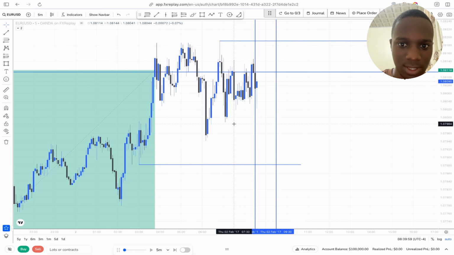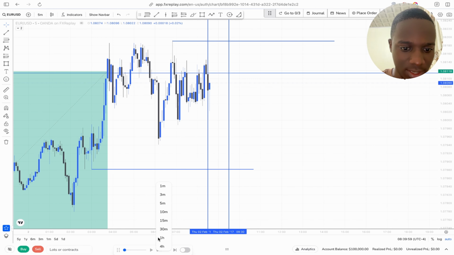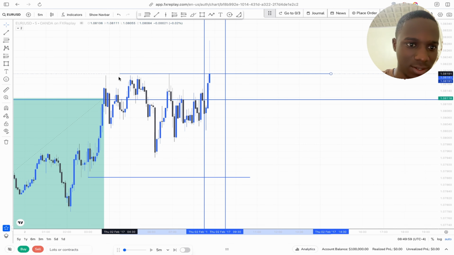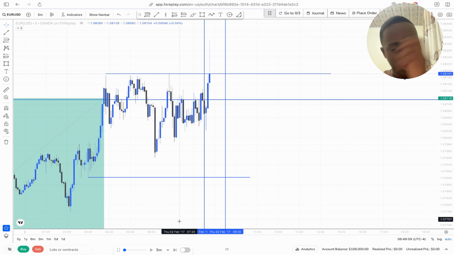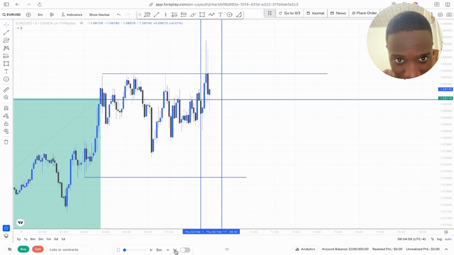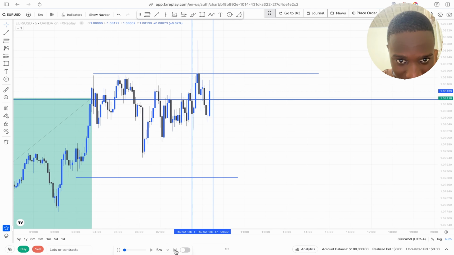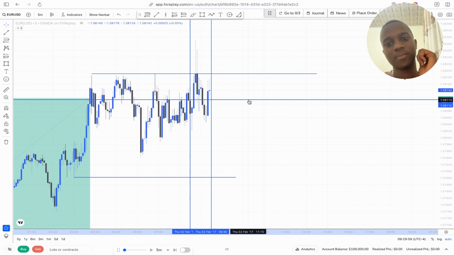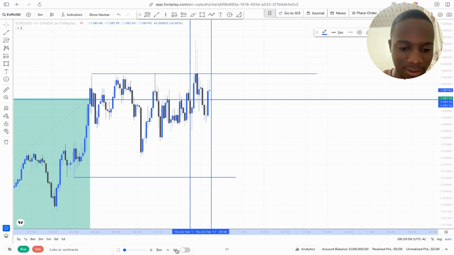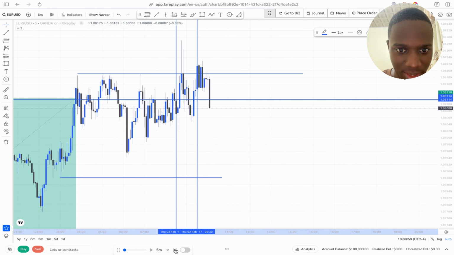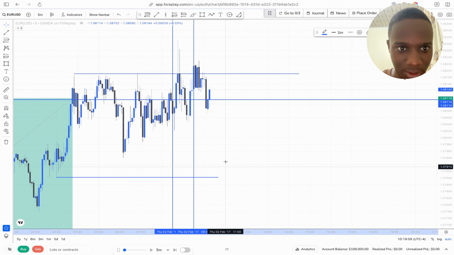Right, so let's play it and see. Okay, so it went higher, boom, took out the Asian and London highs, you can see them right here, and created a small retracement downward, lower and lower. All right, so we're playing around this higher time frame liquidity level. Okay, no retracements yet. Okay, cool drop.